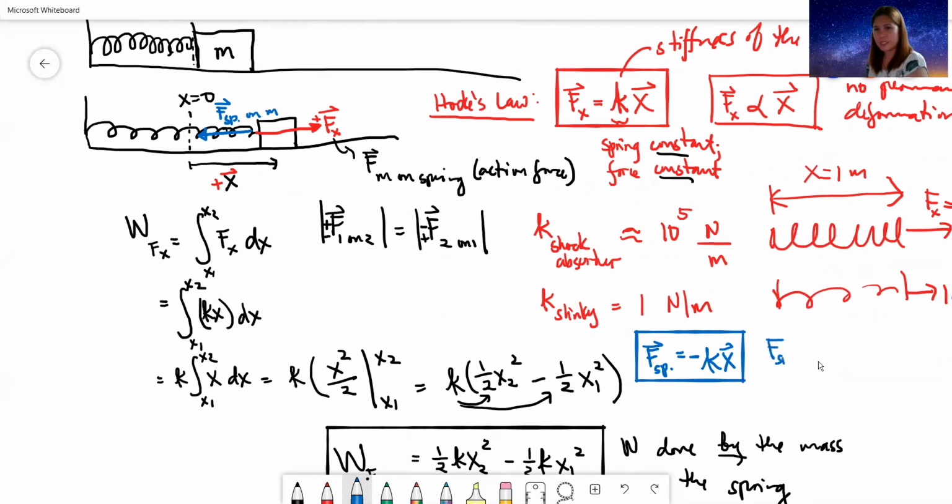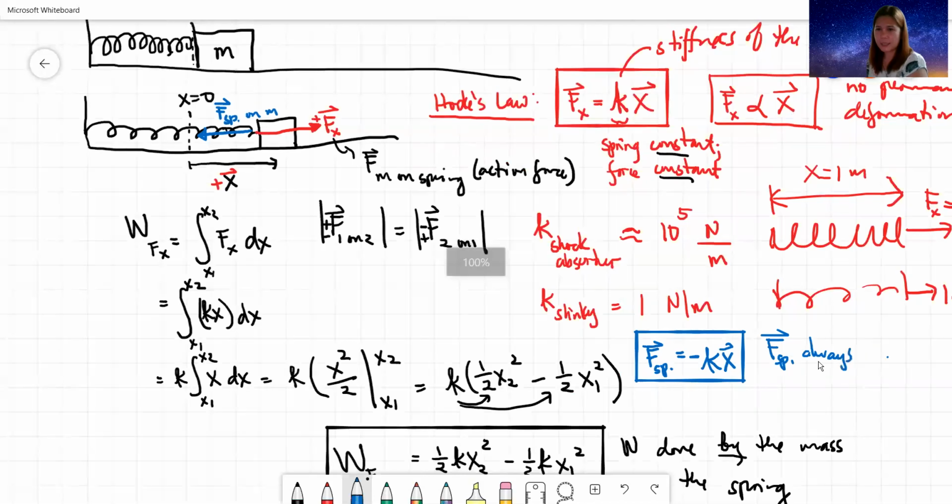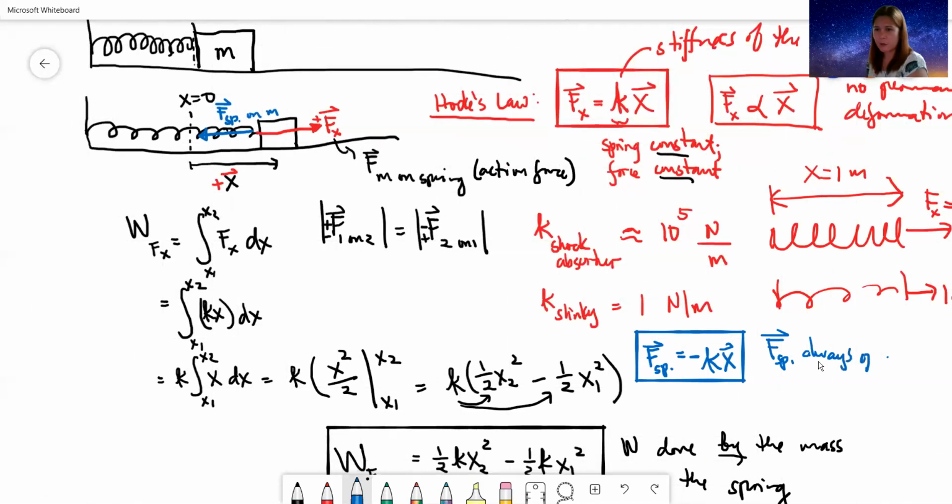Take note. Spring force is always opposite, because it's a reaction force, right? Always opposite to the direction of x. So if the stretching is positive x, the spring force should be negative. Otherwise the spring constant k would come out negative. Remember, if we take F spring divided by position, you get your negative k.